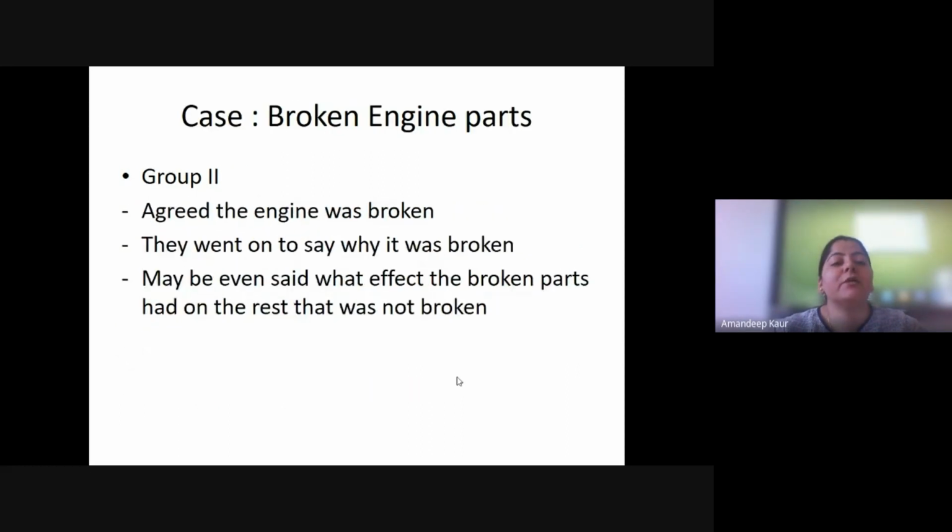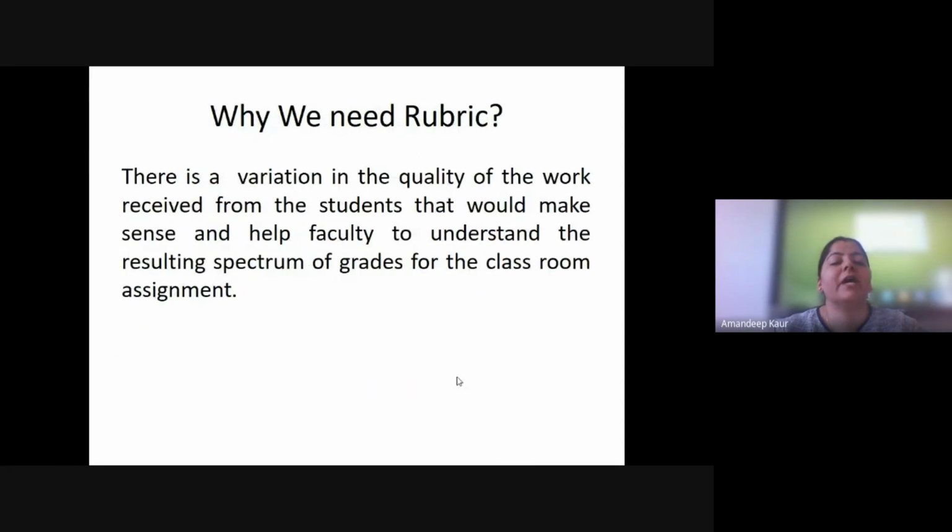So from this particular part, it is clear that variation in the quality of the work received from the students makes sense and helps the faculty to understand. At the end, when I'm giving these kinds of activities to my students, it is a hint that, with whatever assessment practices we are following at institute level, this can be the probable final score of my class.